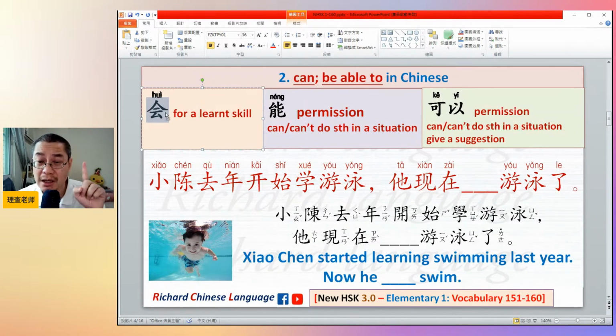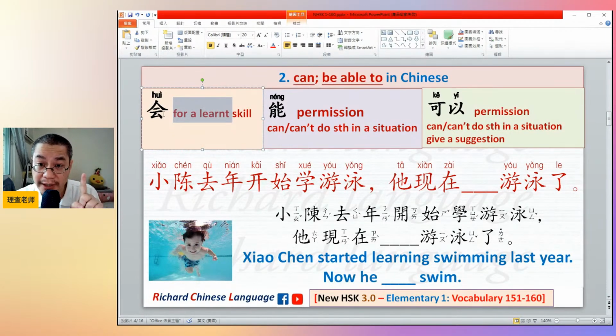So here, we are comparing 3 similar terms. They all mean can and be able to in English, but in Chinese, they are slightly different. Okay, so pay attention, please. Now, 会 means you can do, you have learned a skill.